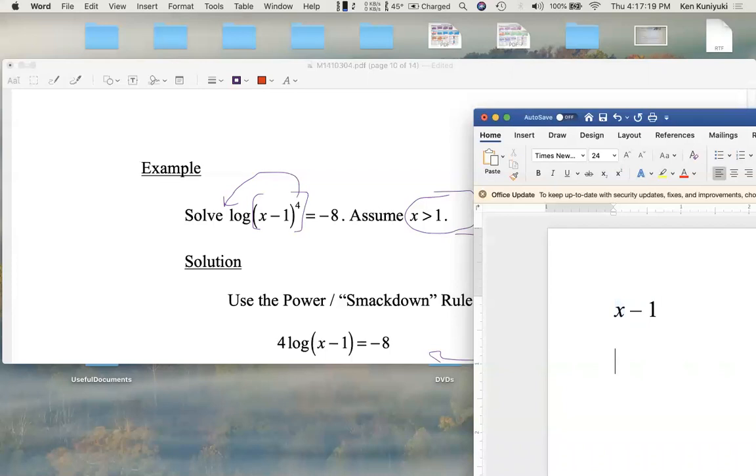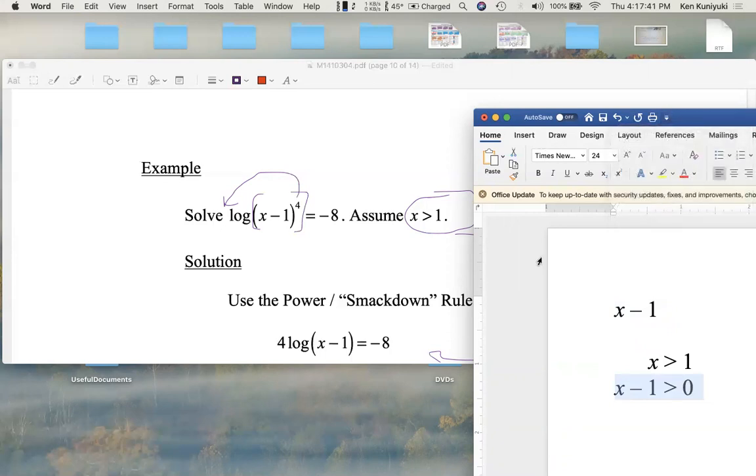If we know that x is greater than 1, we can subtract 1 from both sides, and we get x minus 1 is greater than 0. If x is greater than 1, we know that x minus 1 is greater than 0.